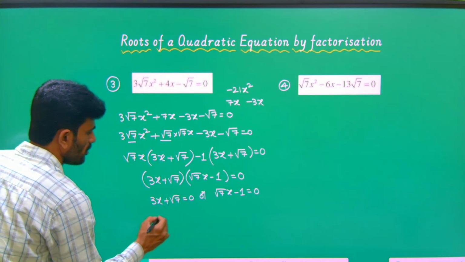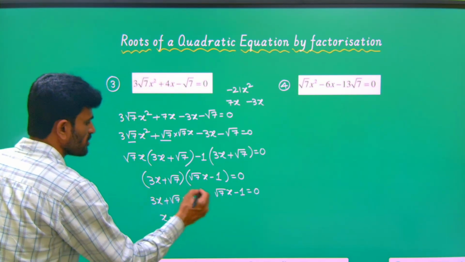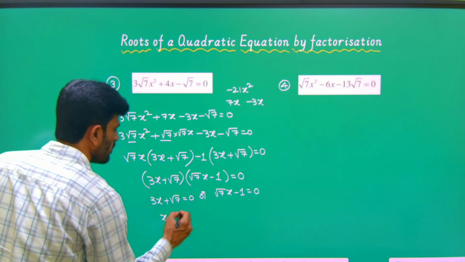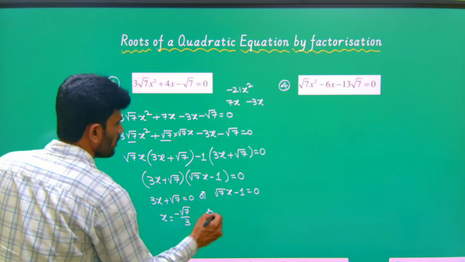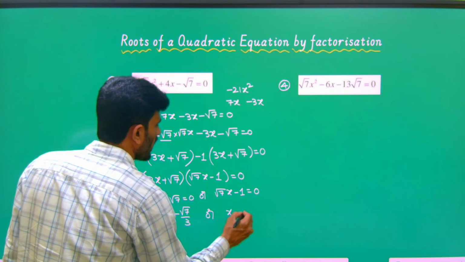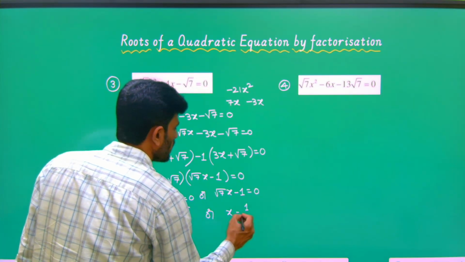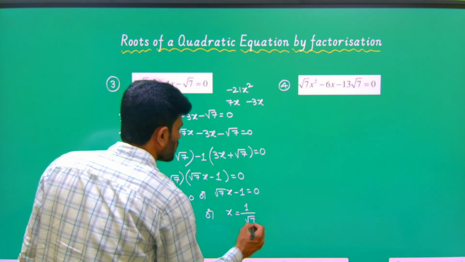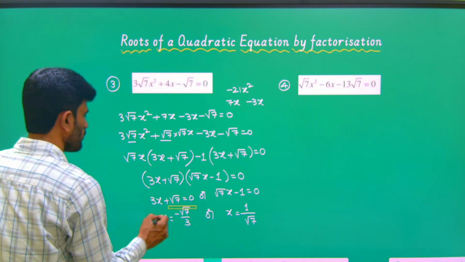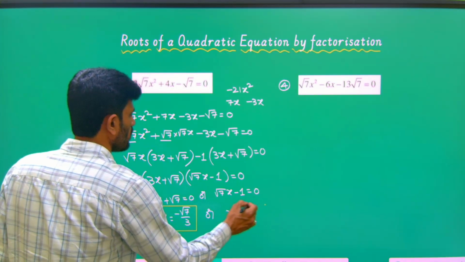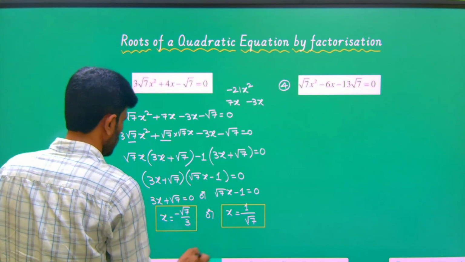Now x is equal to minus root 7 by 3 if root 7 goes that side, or x is equal to plus 1 by root 7 if minus 1 goes that side. So this is one root, this is another root.